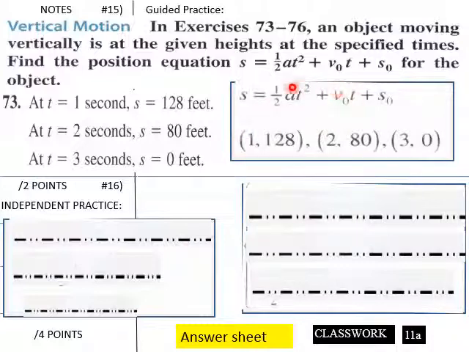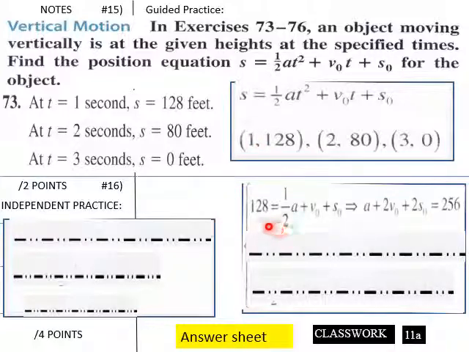here is our original expression here. And then here are our ordered pairs for the position of the object. So 128 in this situation will equal 1/2 a plus v naught plus s naught. We have to clear our fraction here, so a plus 2v naught plus 2s naught will equal 256.